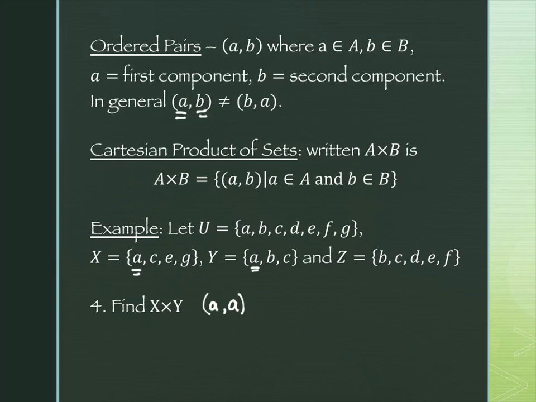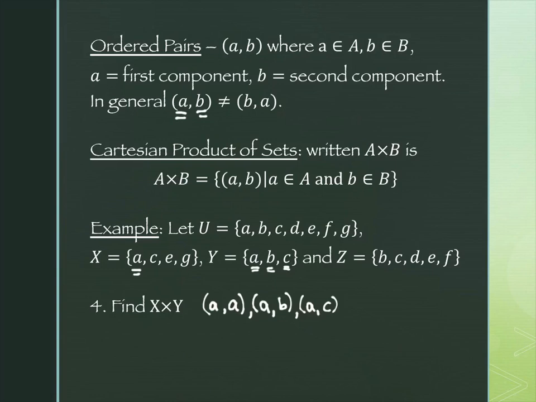And I'm going to use the same first letter, A, right here from set X, and do the same thing with the other letters in Y. So I'm going to do A with the B over here in Y. And then I'm going to do the A with the C that's over here in Y. I'm not done, but that's all the ordered pairs that I can make, starting with the first one A in set X, and pairing it up one at a time with the items in the second set. That's all the different ways I can make that pairing.